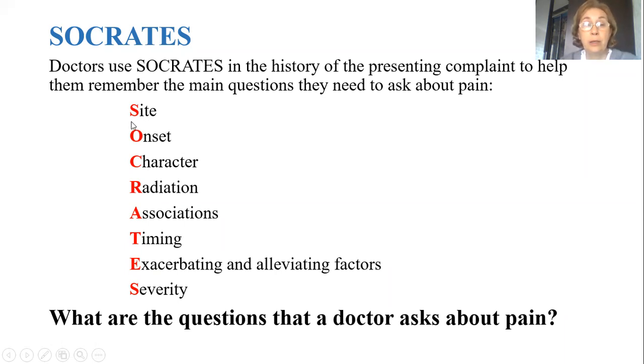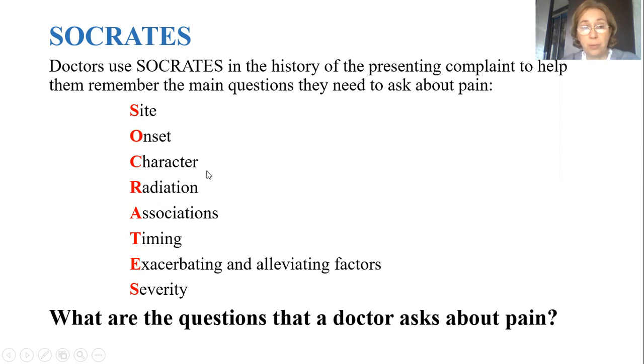The first question should be about the site of pain, which means location. Then onset. O stands for onset. This is about the beginning of pain, when it started. Then the character. Last class we read some adjectives that can describe the character of pain, like dull, boring, sharp.